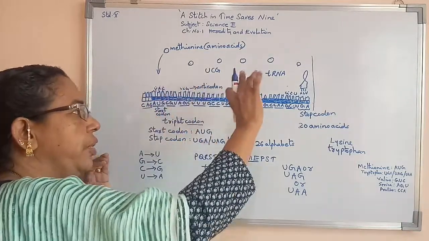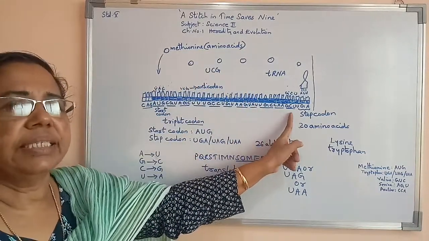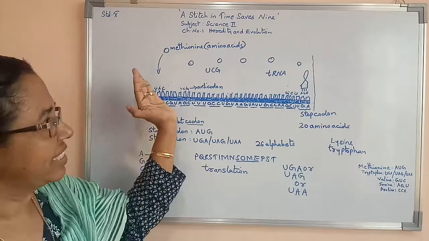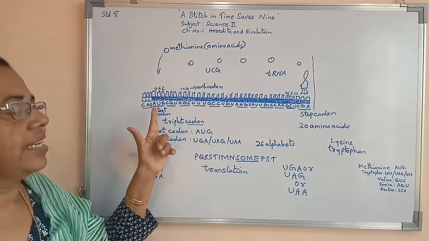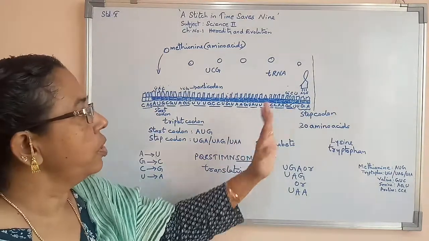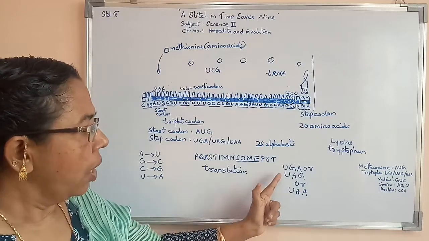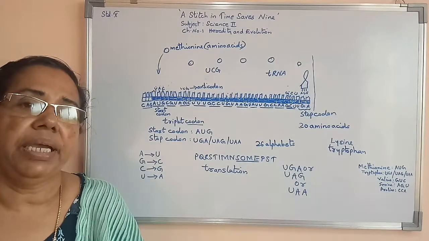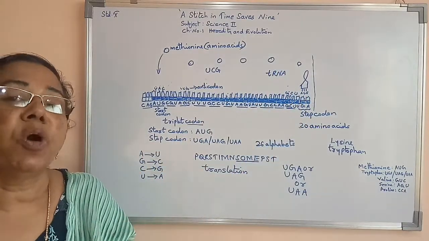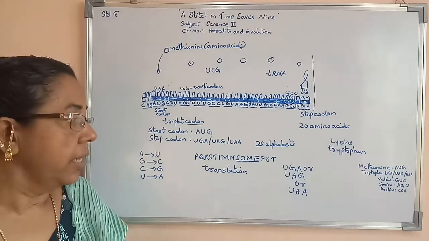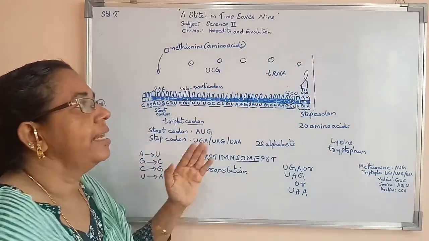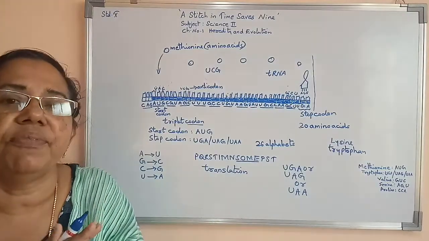This process continues till it finds one stop codon. Now, this amino acid fixing process will start from the start codon. Start codon is AUG. Stop codon will be either UGA, or UAG, or UAA. Once it reaches the stop codon, the bringing and fixing of amino acids will stop.